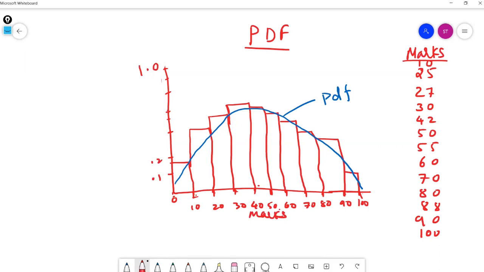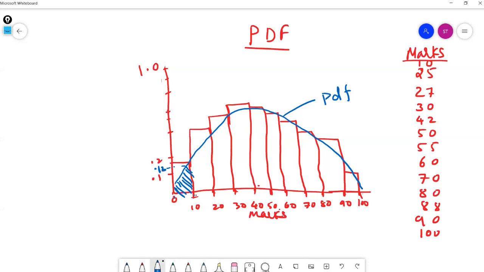We can interpret that, okay, 0 to 10. What is the distribution of the marks between 0 to 10? I can say it's 0.12, something like that. The probability or the distribution of the marks between 0 to 10 is 12%.